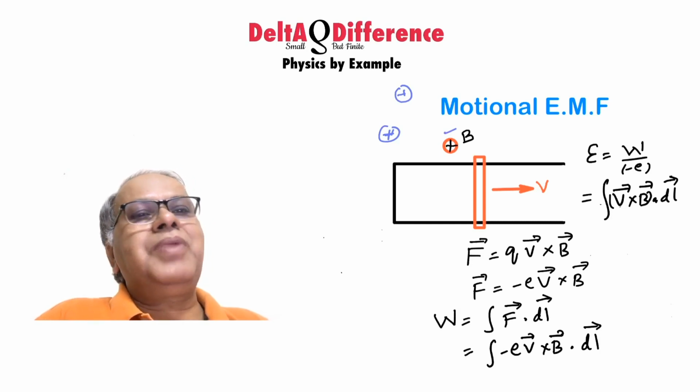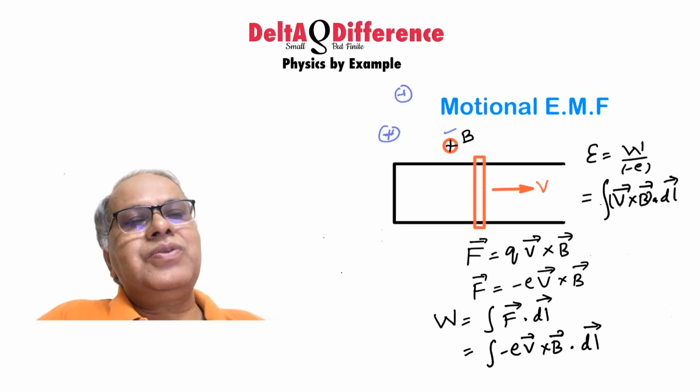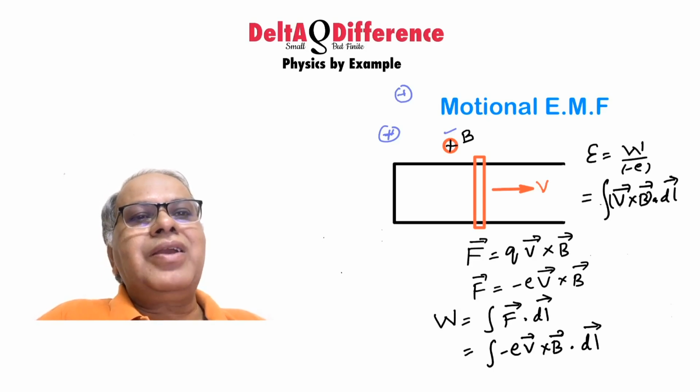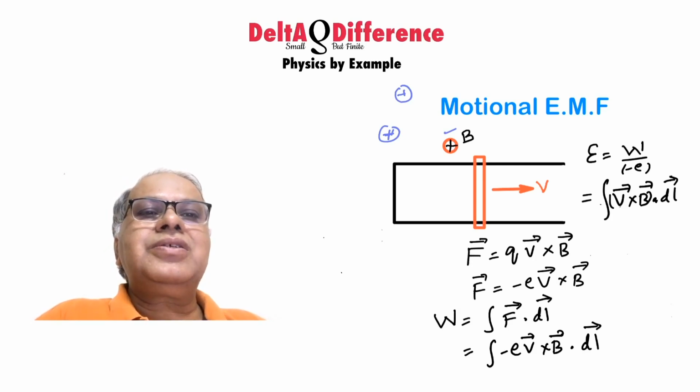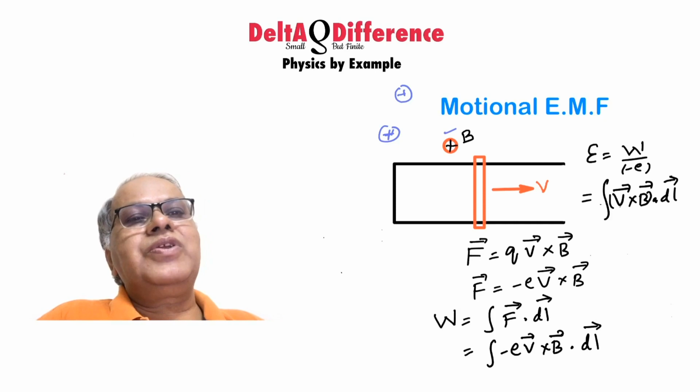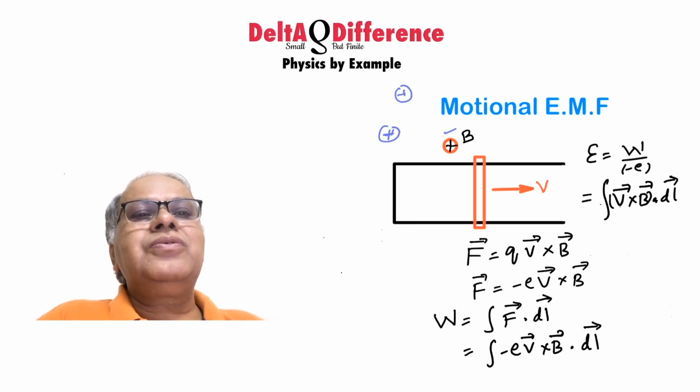Here, previously the idea of electric field was introduced because the magnetic field cannot exert force on stationary charges. Magnetic fields are formed by moving charges. Magnetic fields exert force on moving charges. So that idea of non-conservative electric field was introduced to account for the fact that the magnetic field cannot exert force on stationary charges.